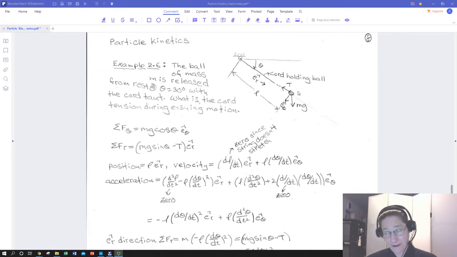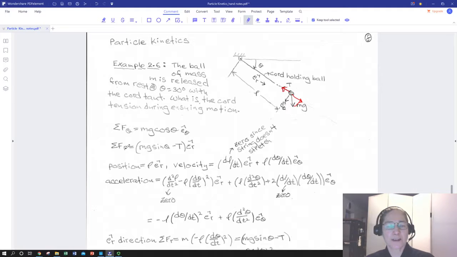So I do not have a specific FBD because the schematic is very, very simple, but I'm going to go through my FBD anyway, and this time it's r, theta instead of i hat, j hat. So in the negative r hat direction, I have tension, and I have mg sine theta pointing in the positive r hat direction. So those are represented down here.